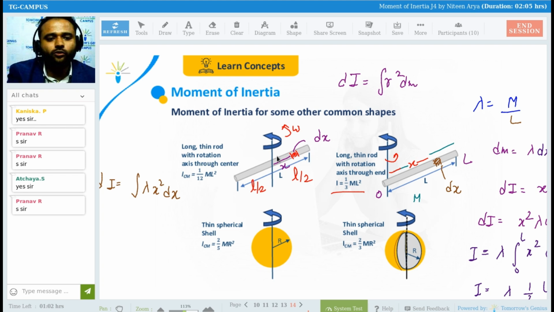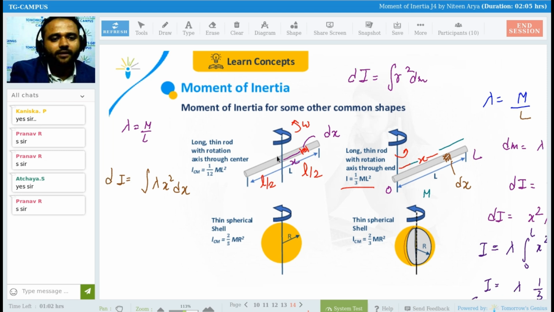Clear? Because it is a linear rod, this rho is going to be M by L again, the total length. To find the total moment of inertia when the axis passes through the center of the rod, or when a long thin rod is rotating about its center, the integration limit is going to be minus L by 2 to L by 2.